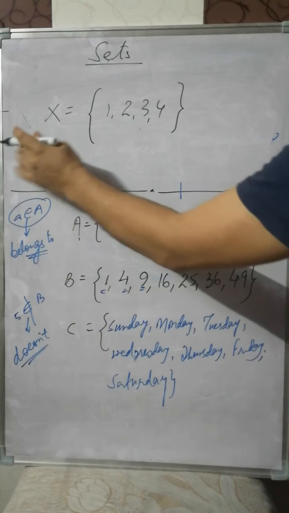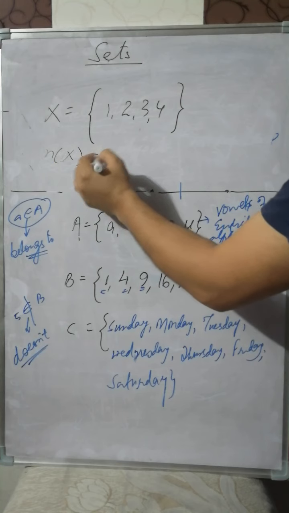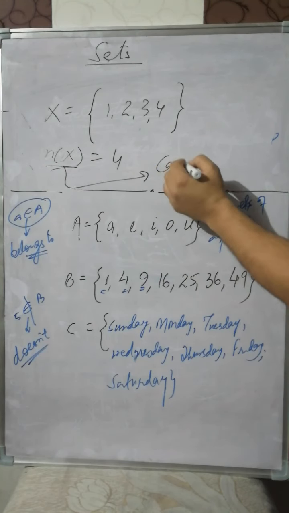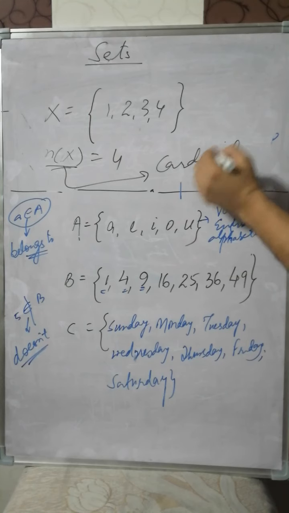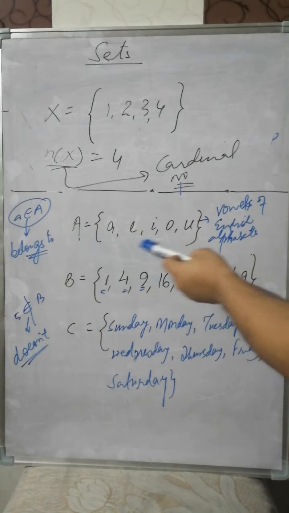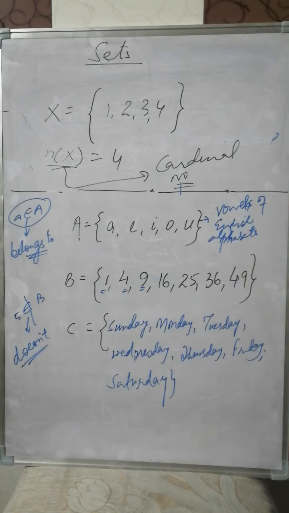And here I'll write the number of elements in X, that is n of X is equal to 4. This is what we call the cardinal number. So the cardinal number of a set is the number of elements in the set. Like the cardinal number of this set A is 5. The cardinal number of set B is 7.